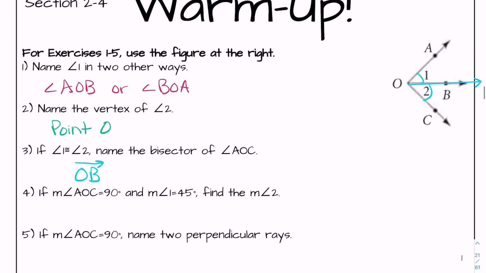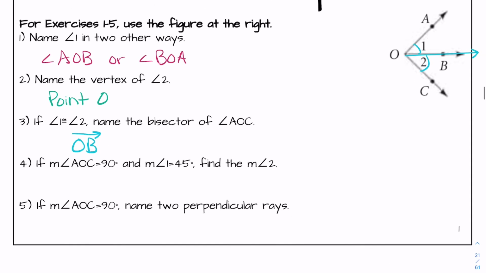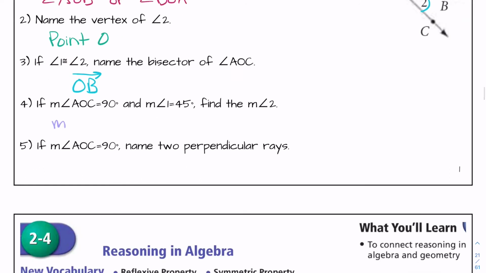If the measure of angle AOC equals 90 degrees and the measure of angle 1 equals 45, then find the measure of angle 2. Well, the measure of angle AOB plus the measure of angle BOC has to equal the measure of angle AOC.